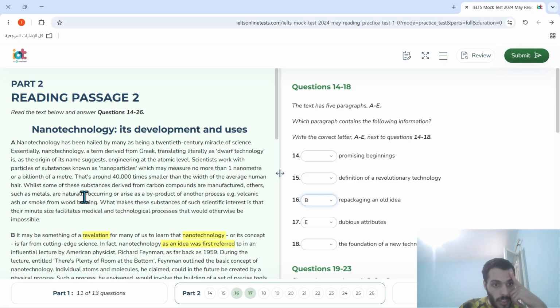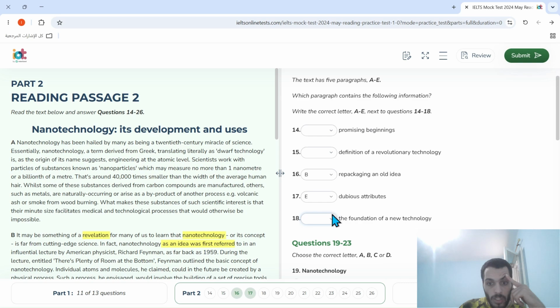Promising beginnings. So there are five, and this is five. Foundation of new technology. Definition of revolutionary technology. Promising beginnings.